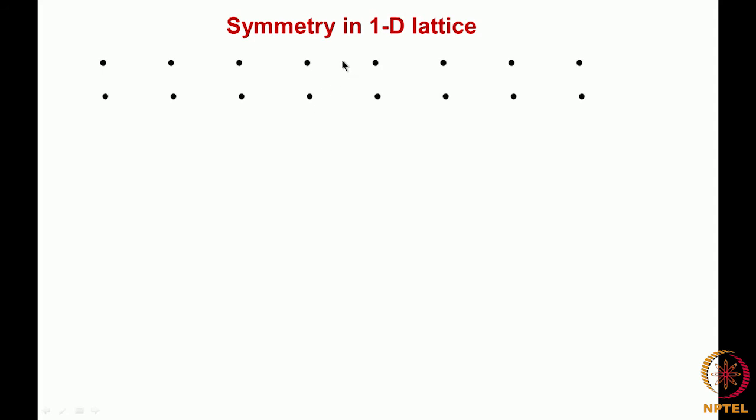I can give a 180 degree rotation with respect to midway between the two lattice points. Then this point will be moved to here, and this point will be moved to here. So essentially, you can look at this as a two-fold symmetry associated with it, correct? Okay, so now we can see a two-fold symmetry. Is there any other symmetry which we can see in this pattern?